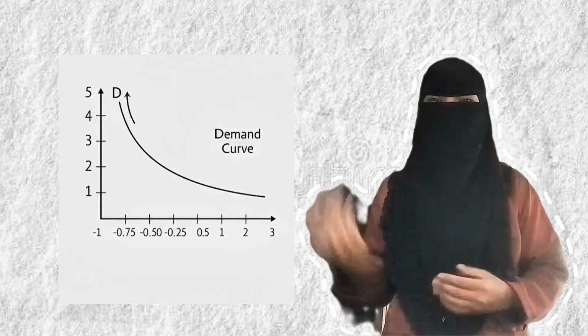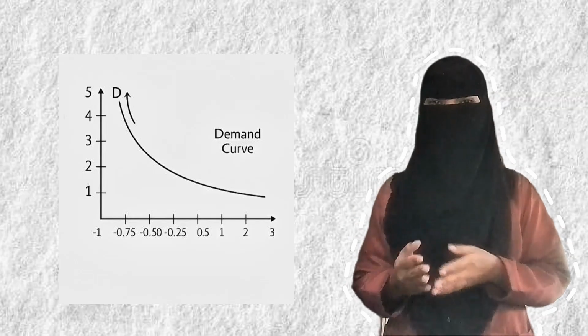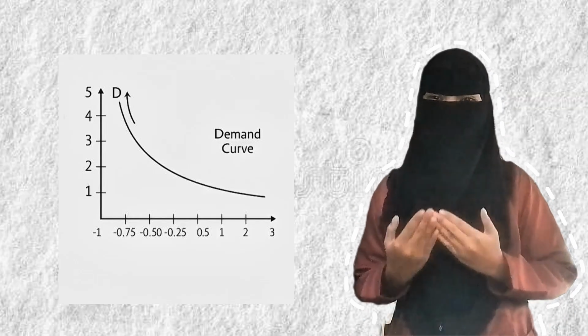The demand schedule shows that as the price rises, quantity demanded decreases, and vice versa. These points are then graphed, and the line connecting them is the demand curve. The downward slope of the demand curve again illustrates the law of demand, the inverse relationship between price and quantity demanded.